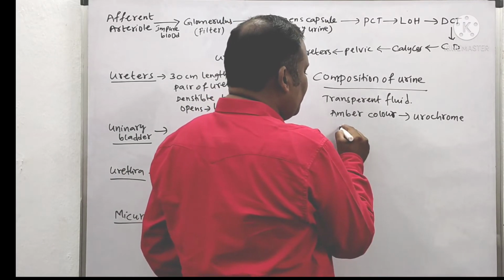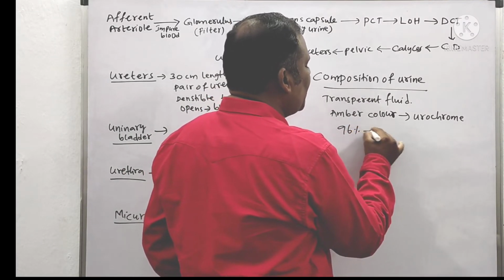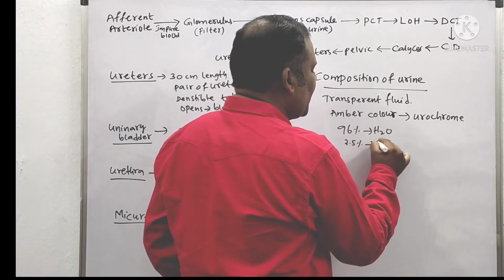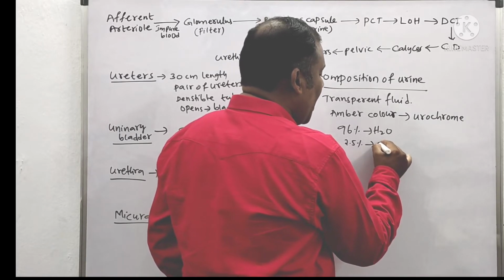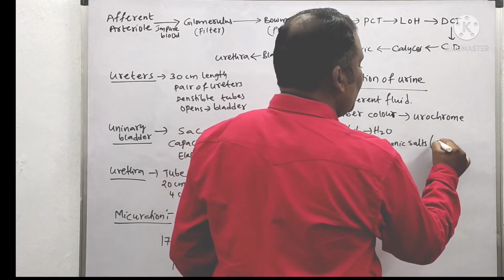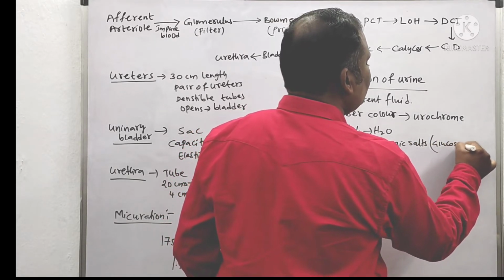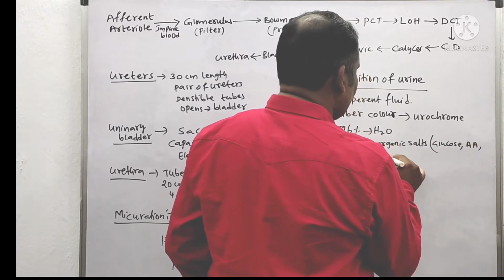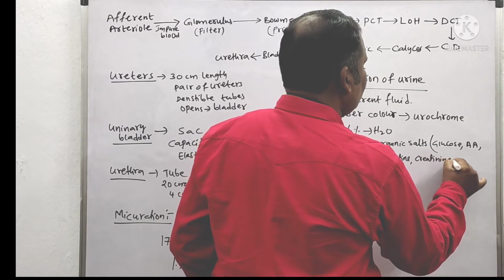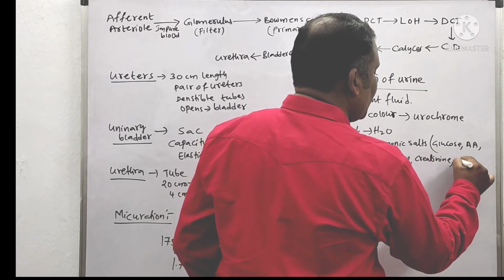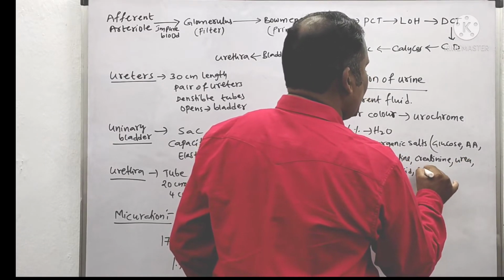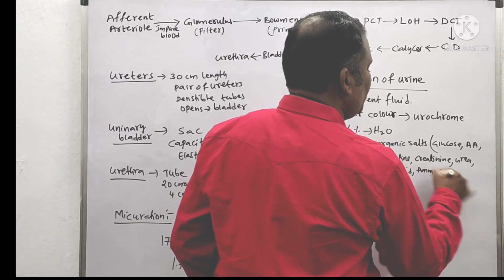Next, urine consists of 96% water, and 2.56% organic salts. What are the organic salts? Like glucose, amino acids, creatine, creatinine, as well as urea, uric acid, ammonia, etc. So many are there.